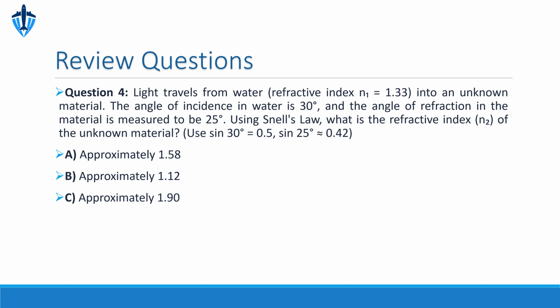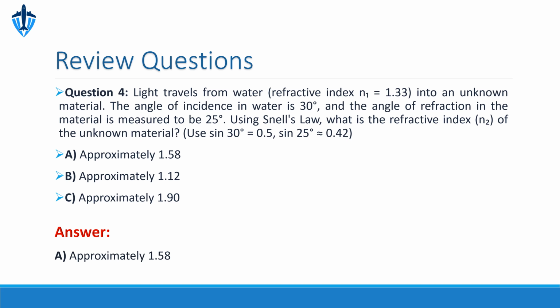Use sine 30 degrees equals 0.5, sine 25 degrees approximately 0.42. A. Approximately 1.58. B. Approximately 1.12. C. Approximately 1.90. The correct answer is A.